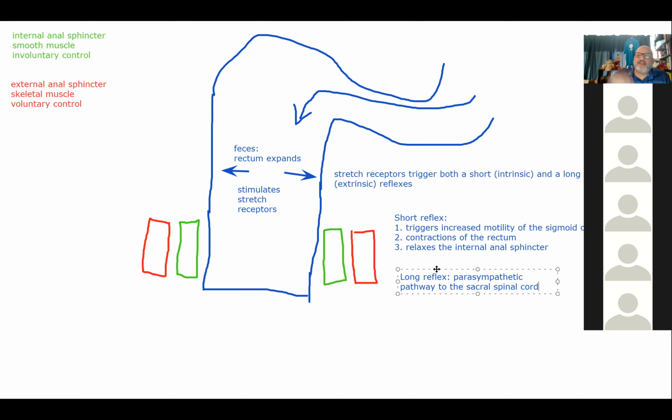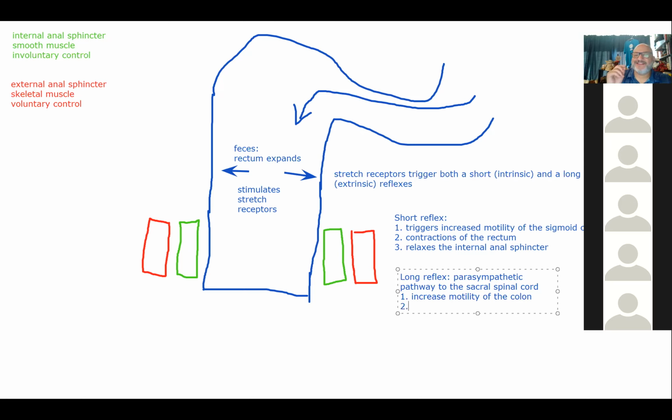And basically what this parasympathetic reflex does is, not surprisingly, two things. It is going to increase the motility of the colon, again, to move more feces towards the rectum for release.